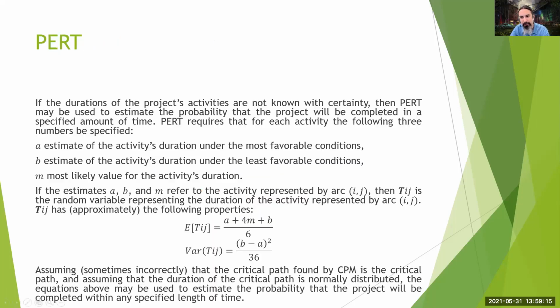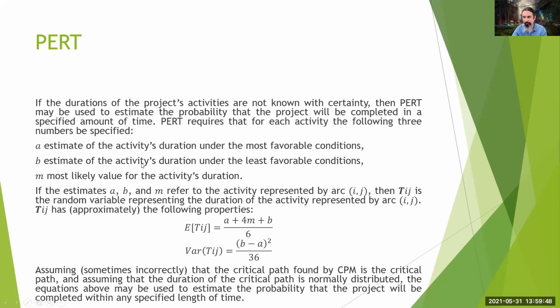But now the PERT part. With PERT, Project Evaluation and Review Technique, the longer version, you actually have estimates for the activities. There is a most favorable condition, a least favorable condition, and the most likely value. You take these 3 estimates, in a triangular shape, and you calculate the real expected value.